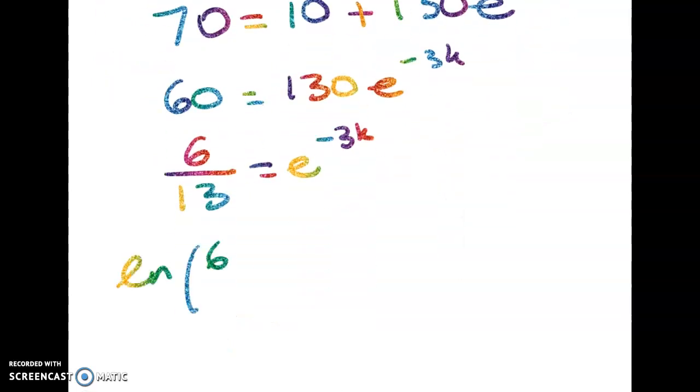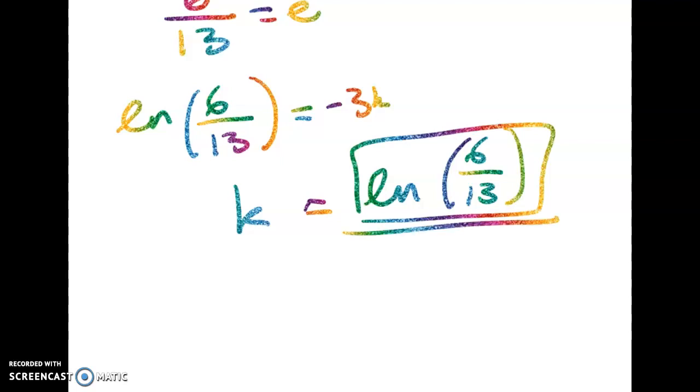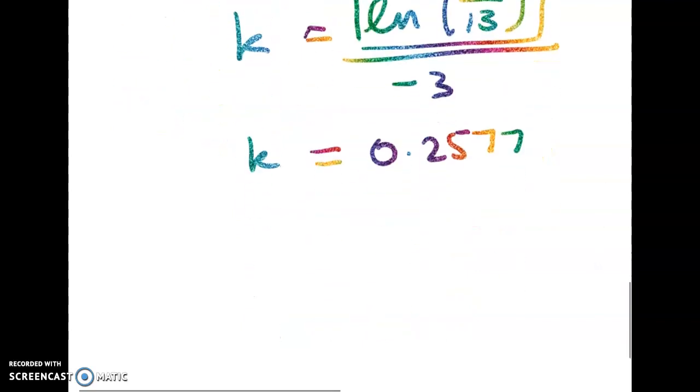The natural log of 6 over 13 is equal to negative 3k, giving us k is equal to the log of 6 over 13, which is a negative number, divided by negative 3. So when I put all that together, I get k is equal to positive 0.2577. And now we've got a solution for my candle mass with no constants left in it and lots of lovely coefficients.